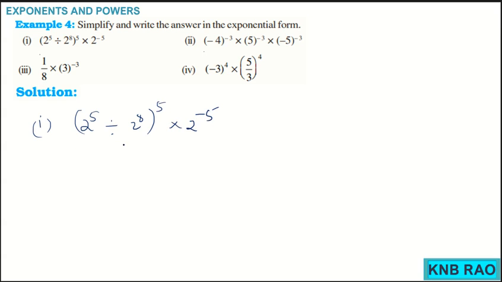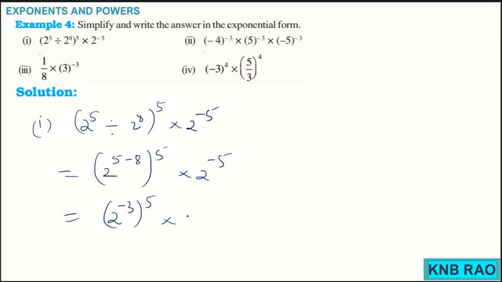See children, we will do first inside the bracket. 2 power 5 divided by 2 power 8 becomes 2 power 5 minus 8, whole power 5 into 2 power minus 5, and 2 power 5 minus 8 is 2 power minus 3, whole power 5 into 2 power minus 5. Using the law a power m divided by a power n is a power m minus n, I have applied here.